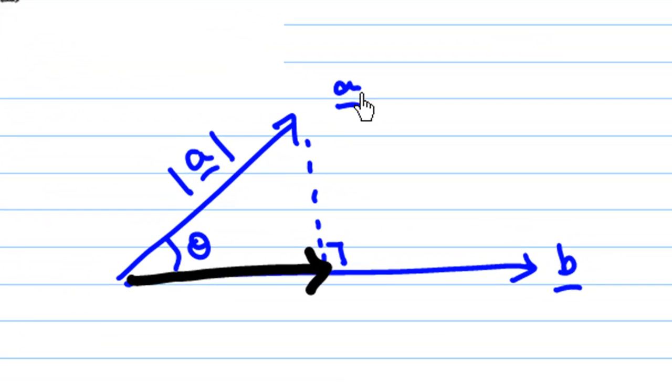I have a vector a and I have a vector b. Now, if I draw an orthogonal projection, meaning 90 degrees downwards from a to b, I'm going to get a dark vector as shown on the diagram. This vector here.